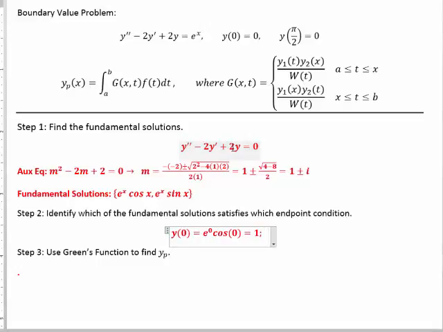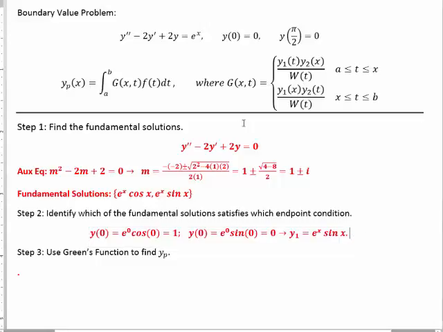So let's try the second one, and that would be e to the x sine x. So y of 0 is equal to e to the 0 times sine of 0, and that is in fact equal to 0. So that is the sign that says that we should use y sub 1 to equal e to the x times sine of x.